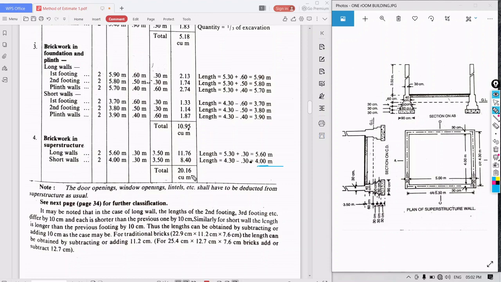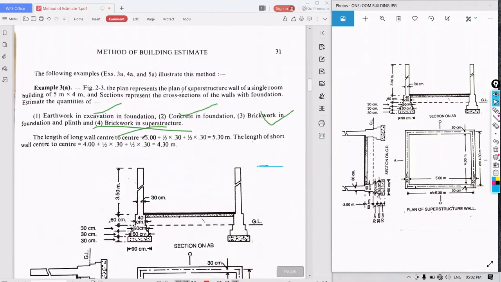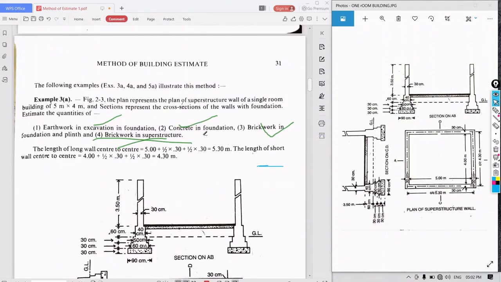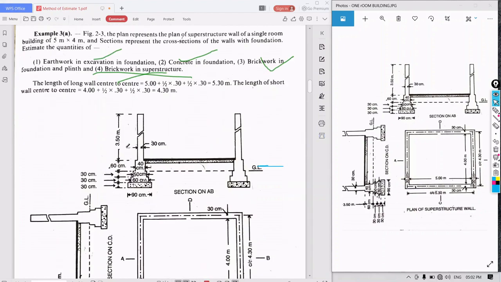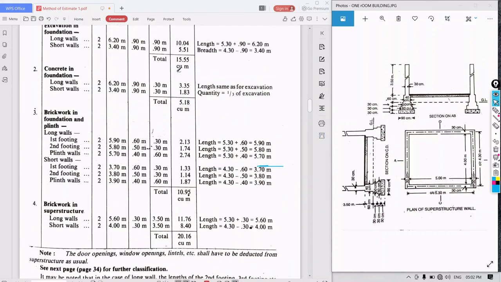So what have they asked? They have asked to find the quantities of earthwork in excavation, concrete in foundation, brick in foundation, plinth and brickwork in superstructure. So this is the method. We need to find the total quantities of all the four specified items asked in the question.